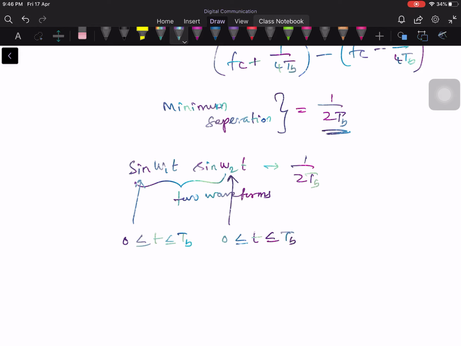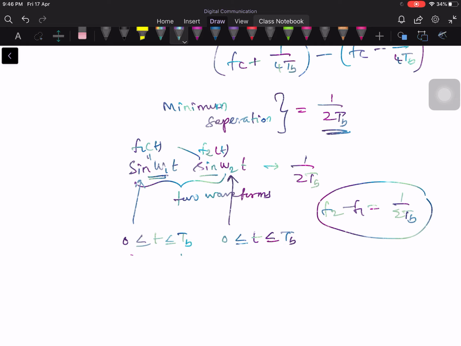So that means you have two sinusoids, sin ω1t and sin ω2t, and this one lasts from 0 to TB, and this also lasts from 0 to TB. Let me call this F2 of t, and this F1 of t. F1 of t and F2 of t are both orthogonal, provided the minimum separation between ω2 minus ω1, or F2 minus F1, is equal to 1 by 2TB.